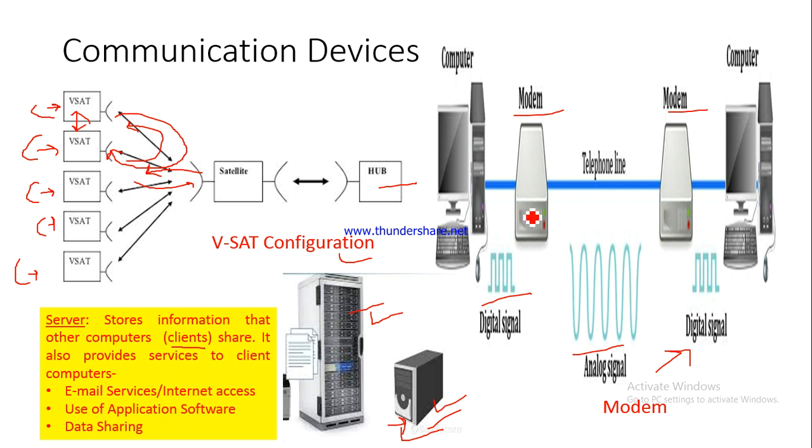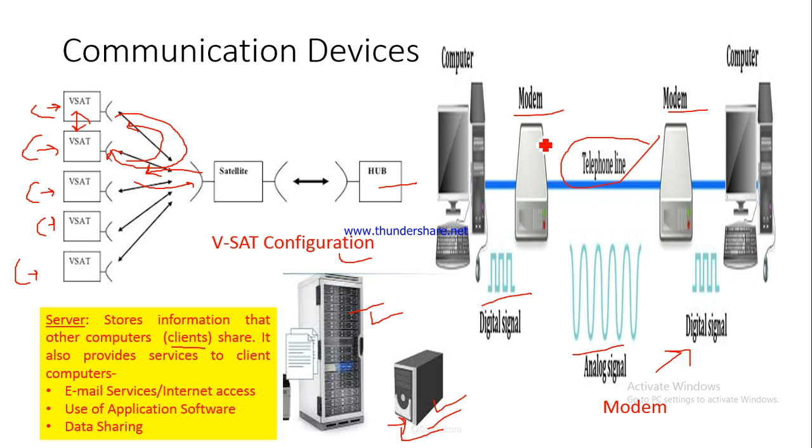So let's say there's a computer, and supposing this is one office and this is the other office of the same firm, and they want to communicate with each other. So what will they do? They will be leasing a telephone line which has been shown here, and this modem will actually do what? Will convert the digital signals emanating from this particular computer, from this particular office.